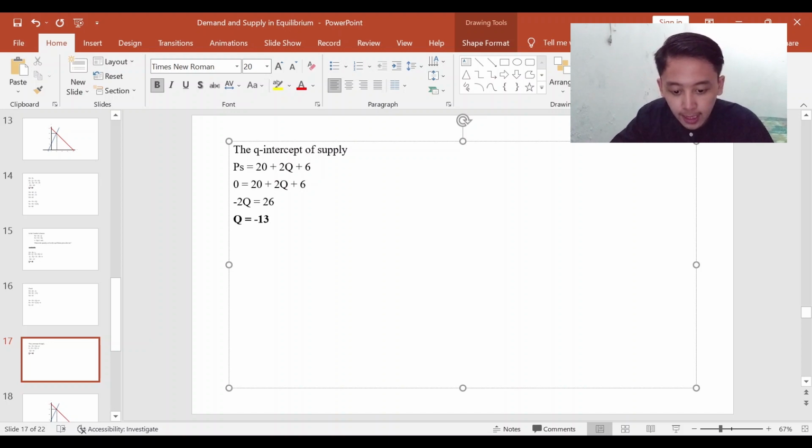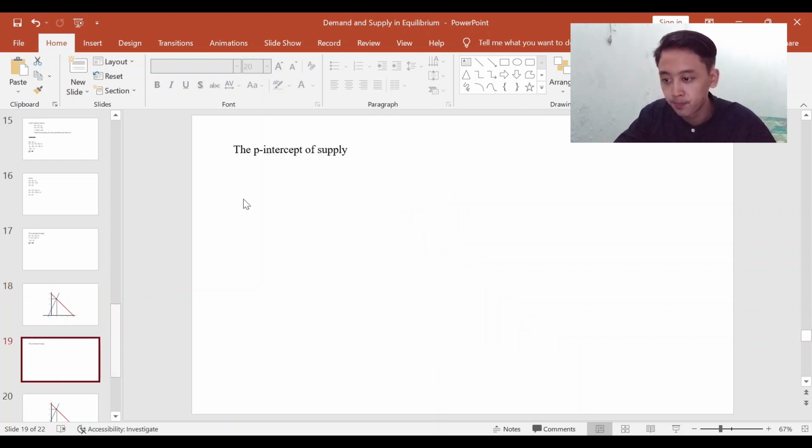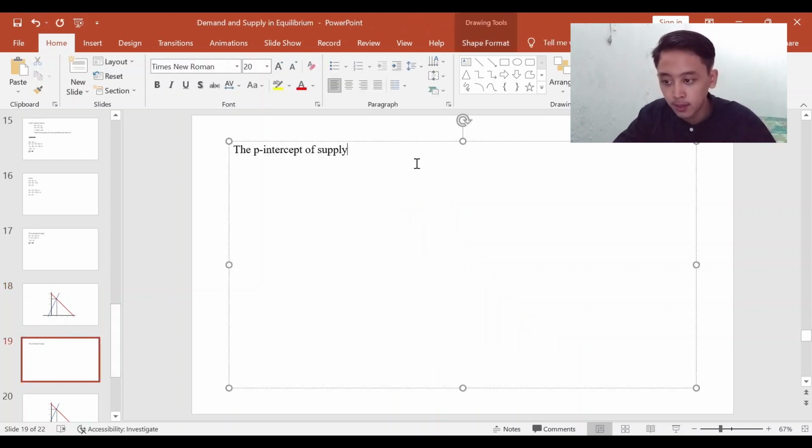The quantity intercept of the supply curve is minus 13, which I'm going to go ahead and plot on my table over here. The P-intercept of supply can be found by setting the quantity supplied to 0.